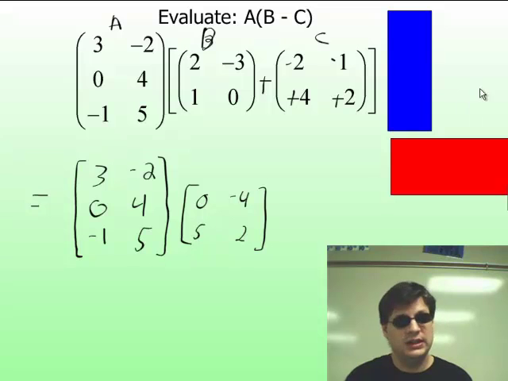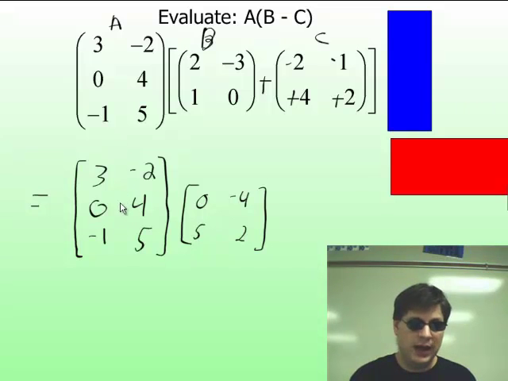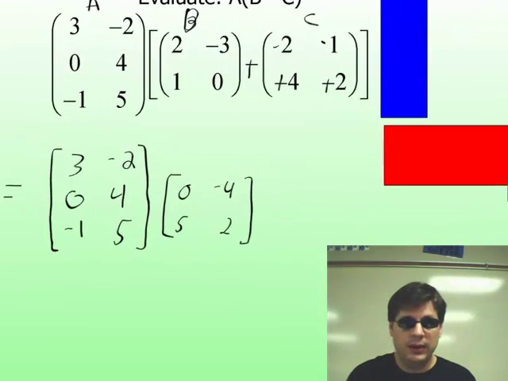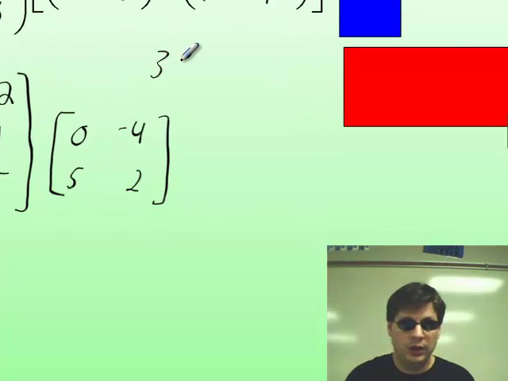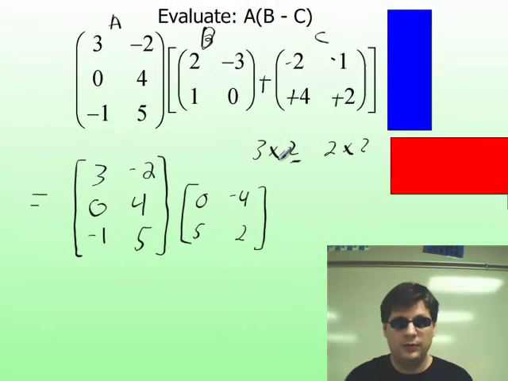Now we're going to multiply these matrices together. I have a 3 by 2 and a 2 by 2. I can multiply the 3 by 2 with the 2 by 2 because both the number of columns and the number of rows match up.